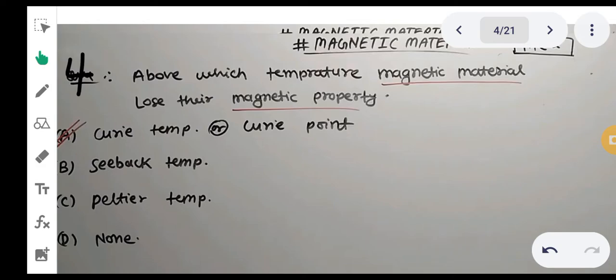But the Curie temperature is the temperature above which a magnetic material will lose its magnetic property. So it's only the Curie temperature.